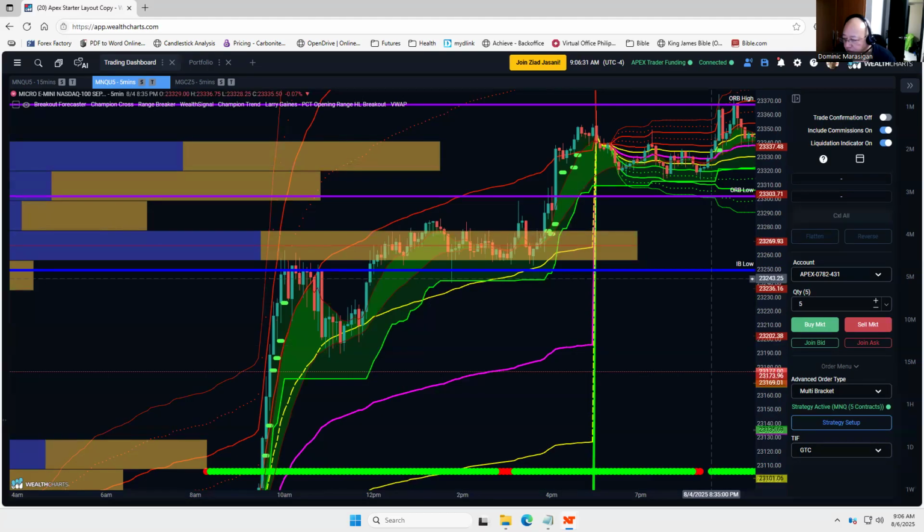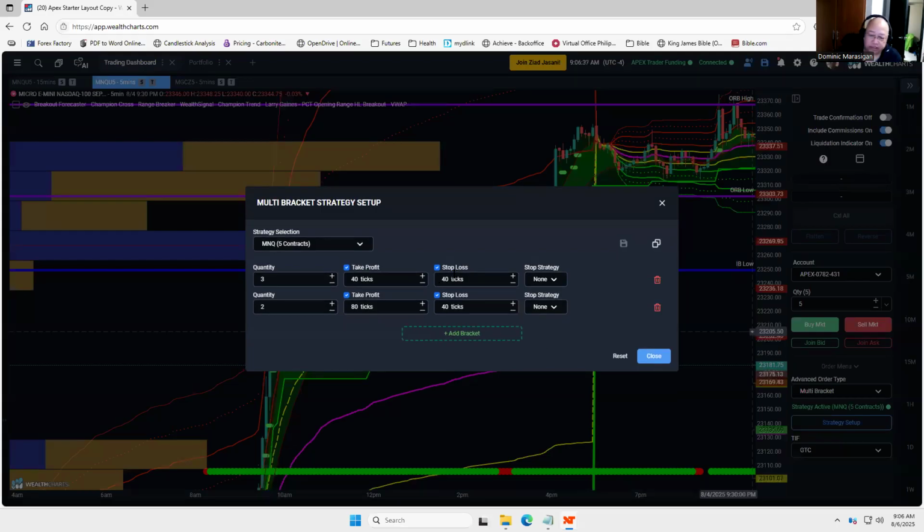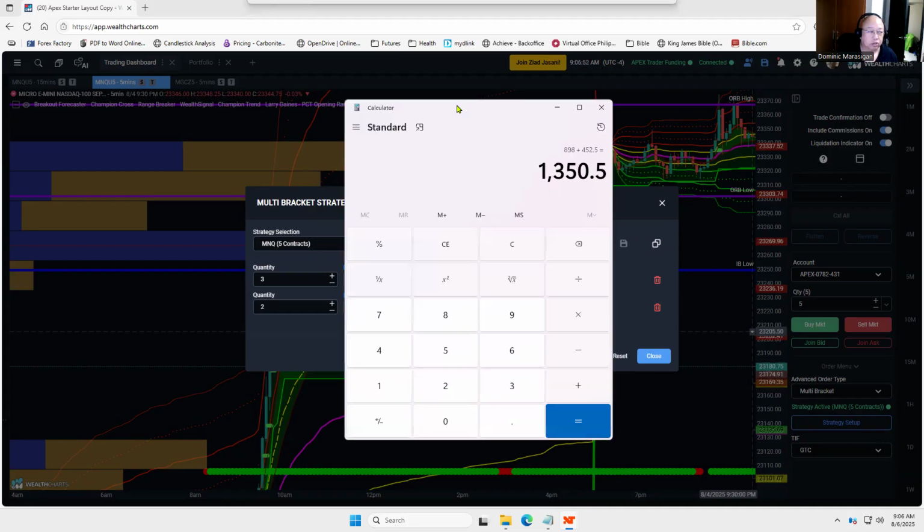Now, my question here, as you can see, what is our strategy set up here? We're looking at, again, 40 ticks, right? So we have three contracts. If it's that target, that stop loss, how much is that of a loss? So 40 ticks on an MNQ.